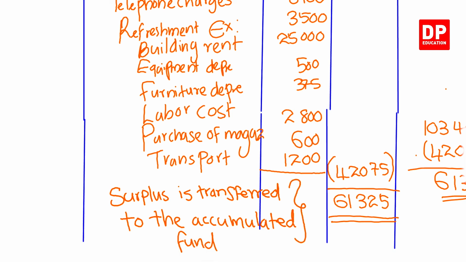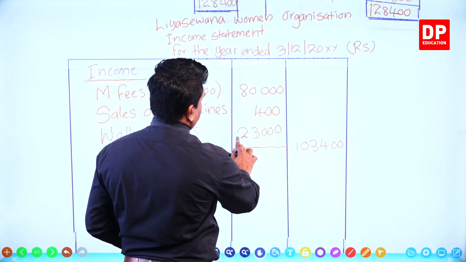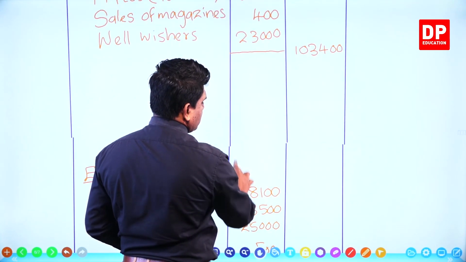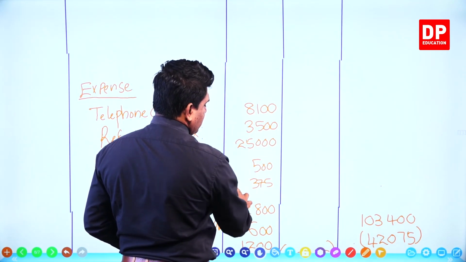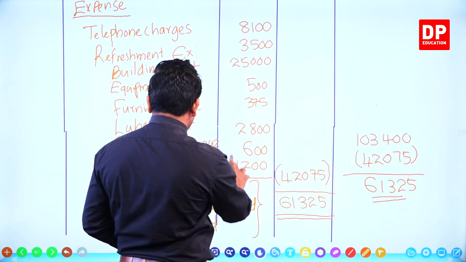Okay. Surplus is transferred to the accumulated fund. Okay. Now we have done what? Receipts and payment and income statement both at once.